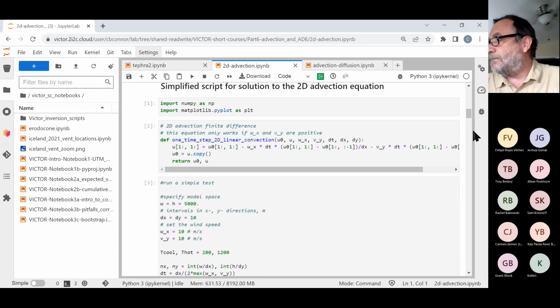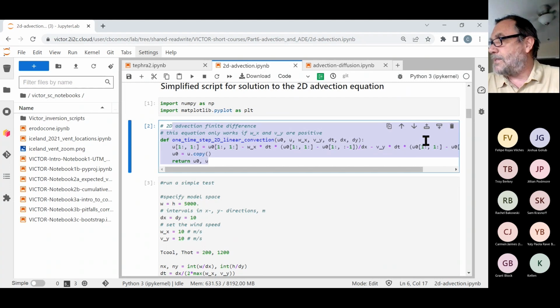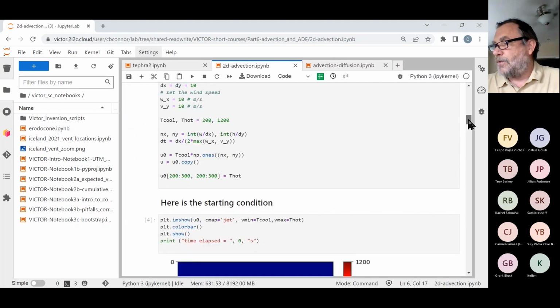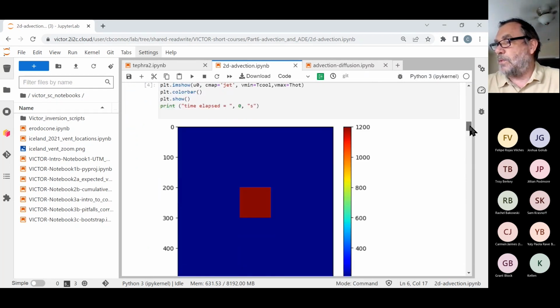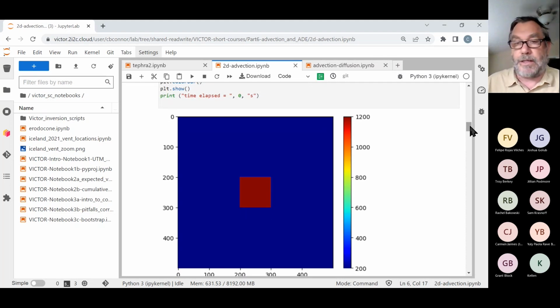And so here's the function that implements that equation for one time step. Let me just skip down here to the chase so we can take a look at what's going on. I'm going to start with a starting condition, and I'm going to say I've got a block in the middle.